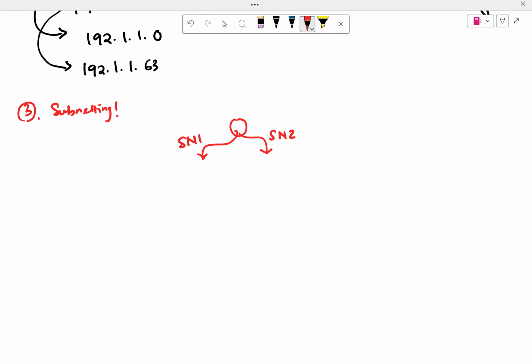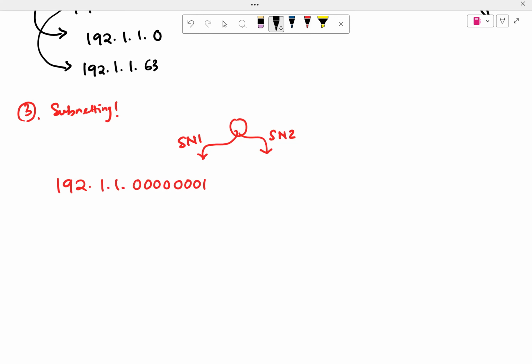To identify these two parts, we need an ID, and for an ID we need bits. To identify two subnets, there are two IDs, and for two IDs I need one bit. So I assign one bit for subnetting, and the rest would be as it is. Let's see: 192.1.1.00000001 is my original IP.